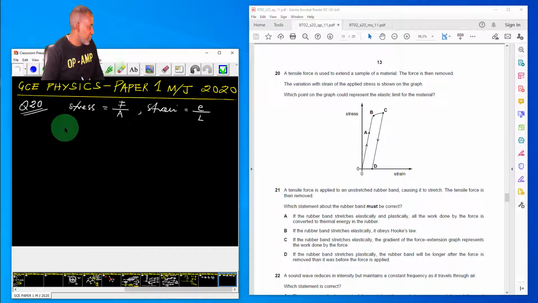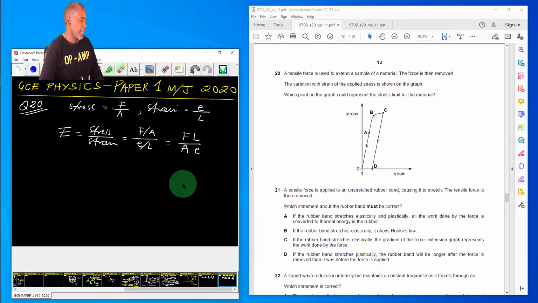Now, there is a physical quantity which we call Young modulus, which is the ratio of the stress to the strain, which is stress is force over area, strain is extension divided by the original length, and we get our equation as FL over AE, like that.